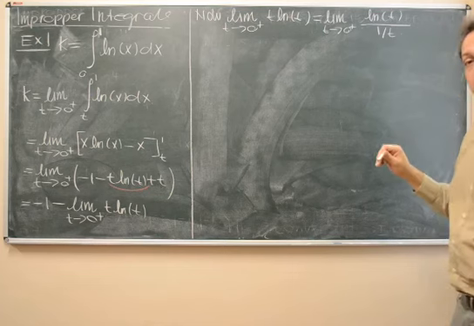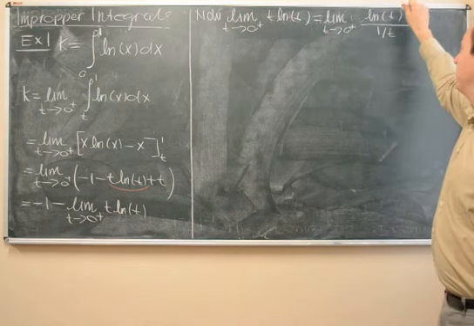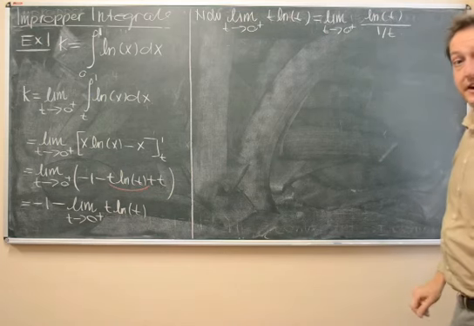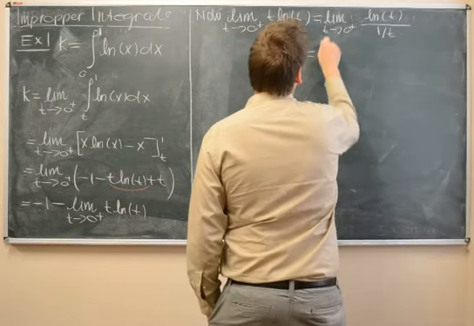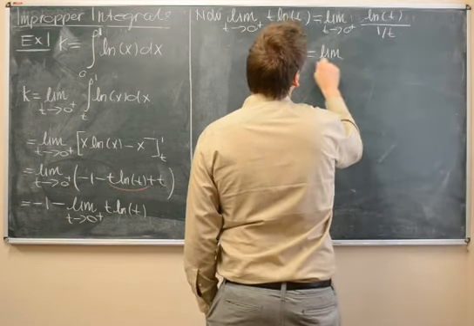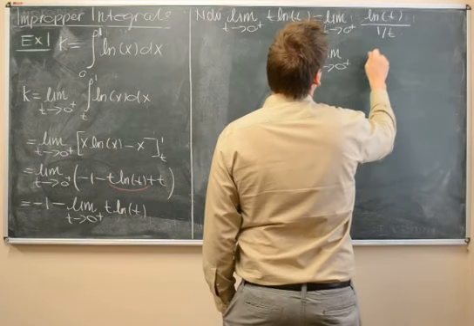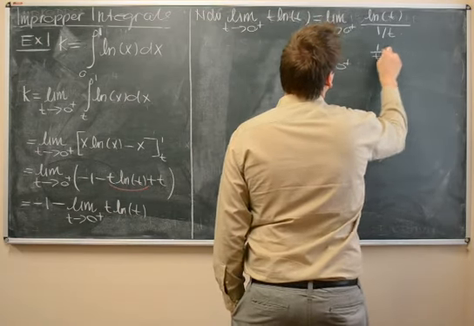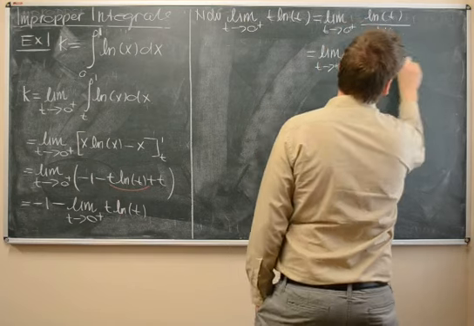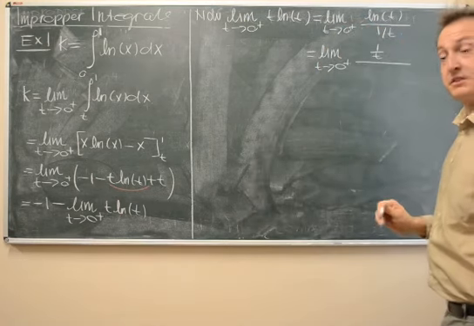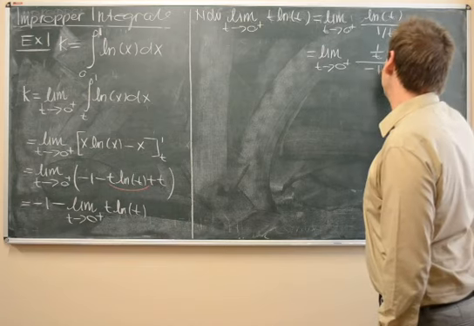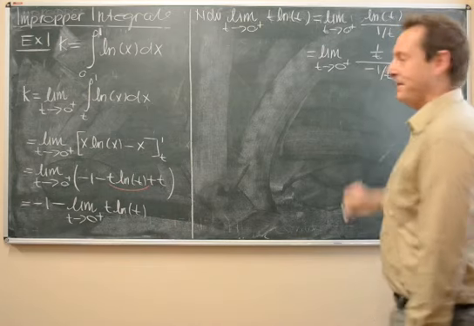Now we apply L'Hopital's rule. We differentiate the numerator, and we differentiate the divisor, and we take the limit again. Differentiating the numerator gives us 1 over t, and differentiating the divisor, which is 1 over t, gives you minus 1 over t squared.